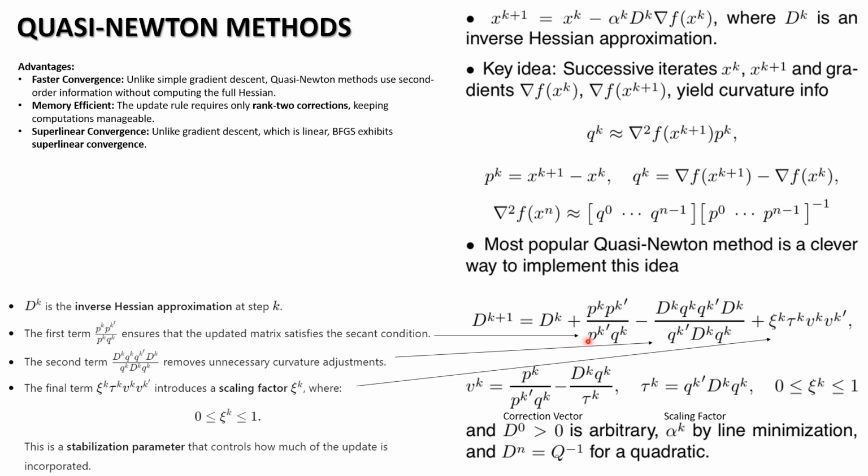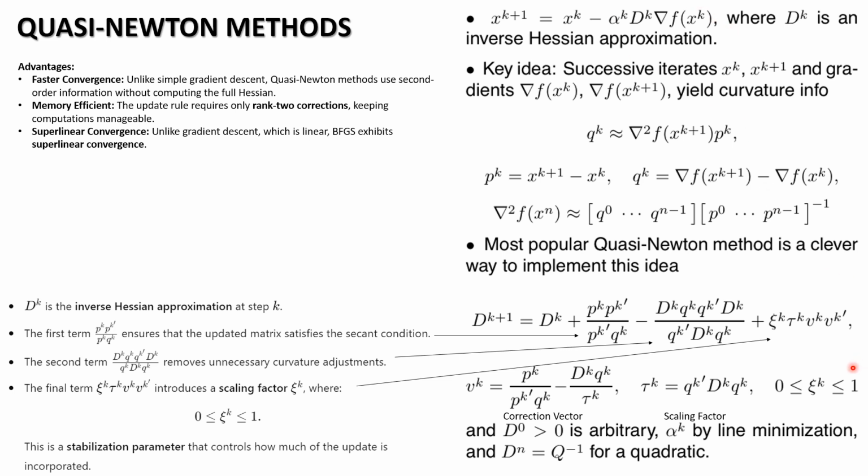The second term removes an unnecessary curvature adjustment. And the final term introduces a scaling factor xk, where xk is greater than or equal to 0 and at the same time less than or equal to 1. You can find it here. And this is a stabilization parameter that controls how much of the update is incorporated.